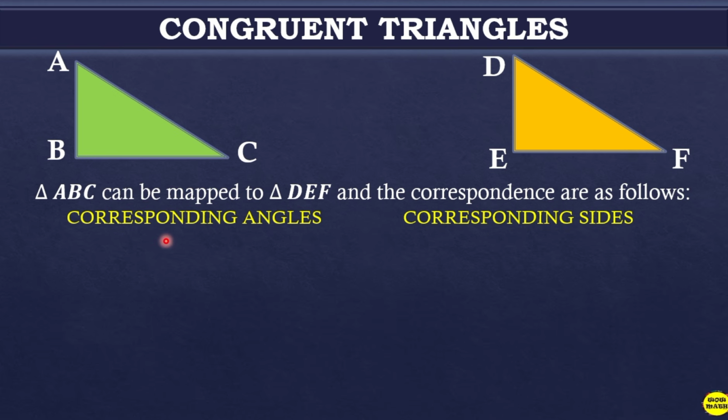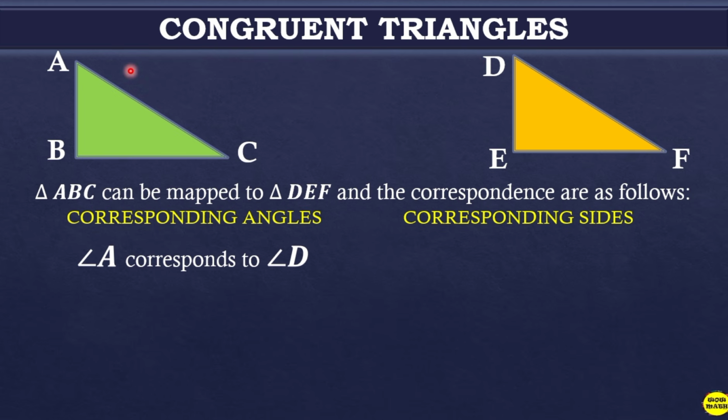Let's take the corresponding angles. Angle A corresponds to angle D. Since we rotated it and it overlapped, the same size and same shape, we can now see the corresponding angles.